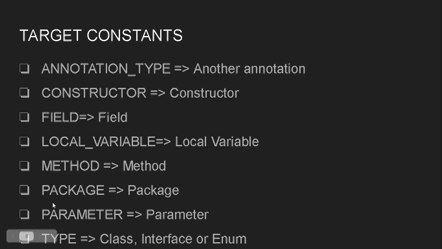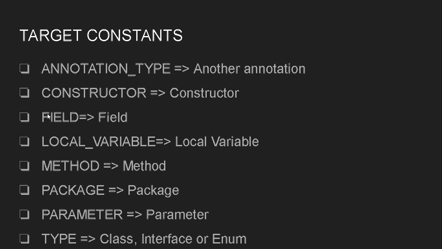So these are the target constants. First of all we have ANNOTATION_TYPE. Annotation type means I am talking about another annotation. If I use the target constant ANNOTATION_TYPE, it is targeting another annotation. Otherwise, if I use CONSTRUCTOR, then it is targeting a constructor. The same applies for FIELD.